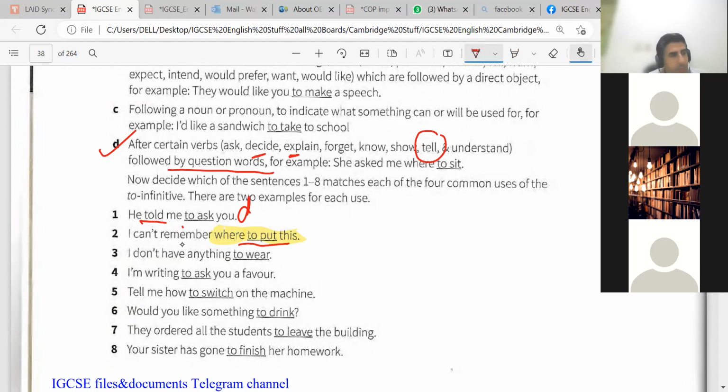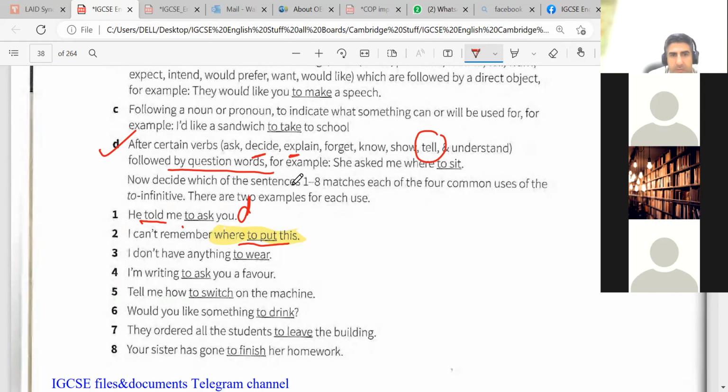Khalid, what about 3? Can you read it and answer, please? I don't have anything to wear. Yes. To wear here, Khalid. Why do we use the to infinitive? Because there's the verb, like this verb comes after to.